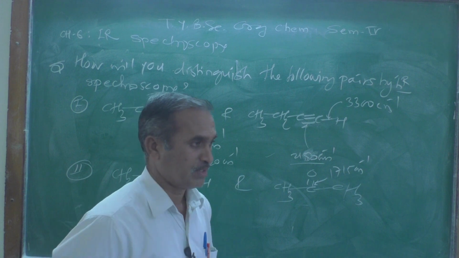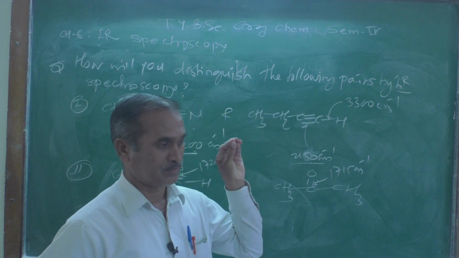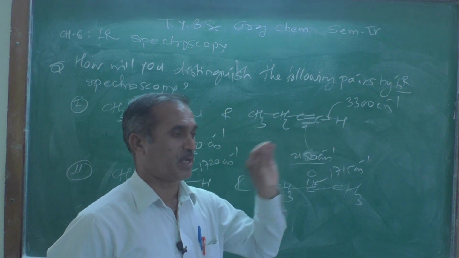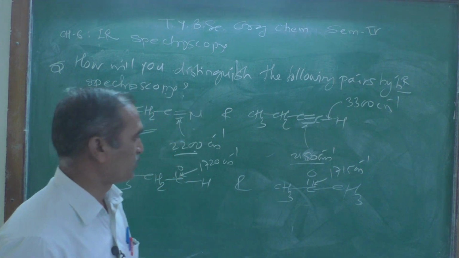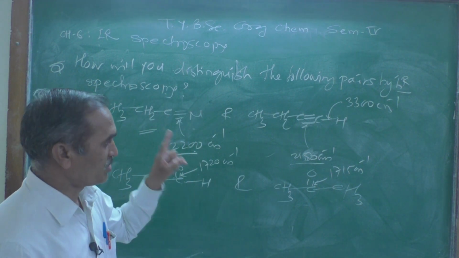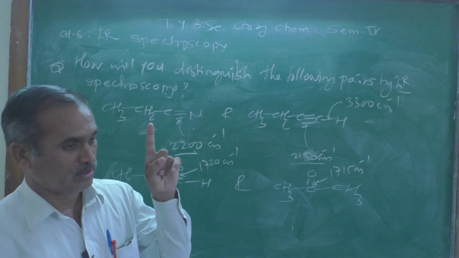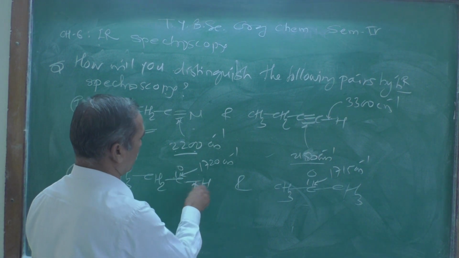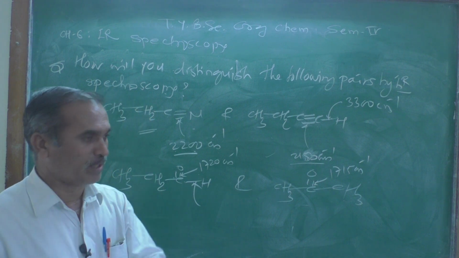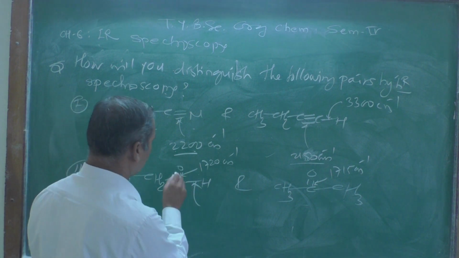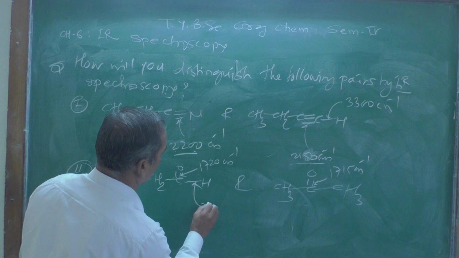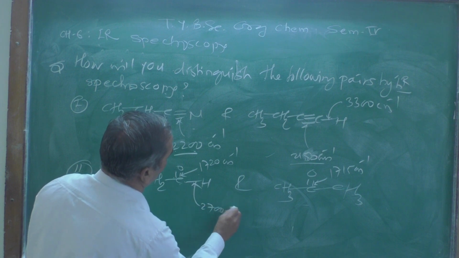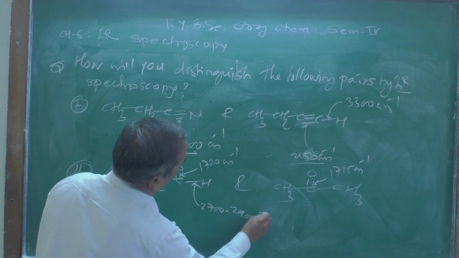But how do you distinguish them? One additional prominent peak appears here due to the CH stretching, which is near about 2700 to 2900 per centimeter.